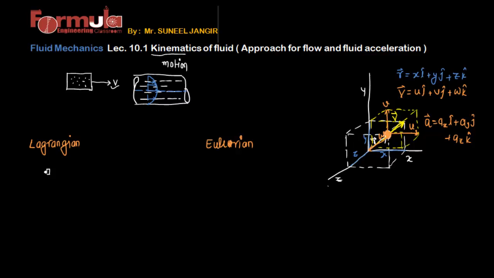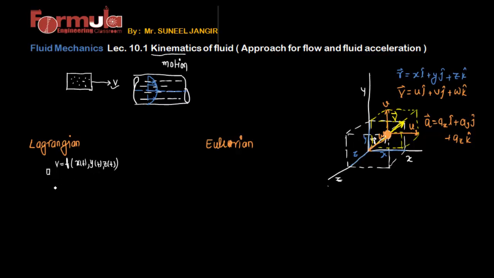In this case, the velocity of this fluid particle is a function of x, y and z, and the space coordinates are also functions of time. Means the velocity is a function of x and x is a function of time, y is also a function of time, z is also a function of time.